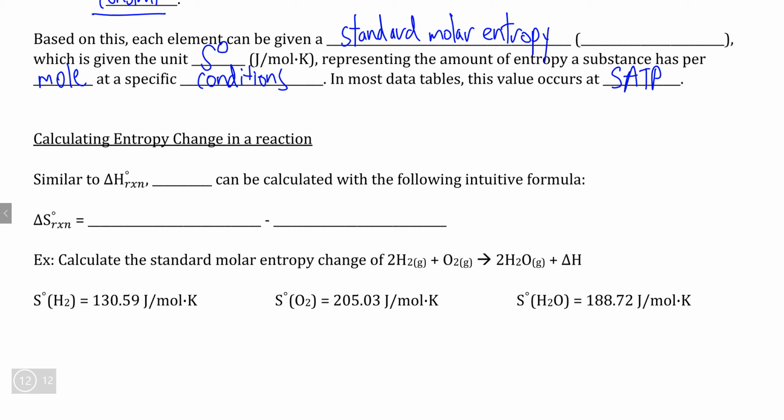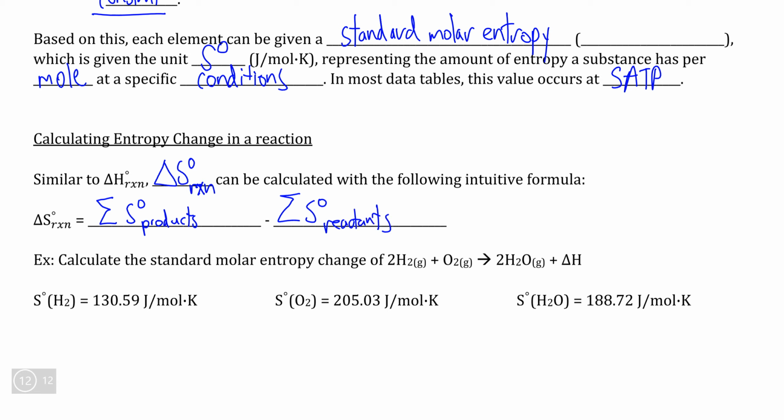So similar to delta H of reaction, we can calculate the standard molar entropy change of a chemical reaction by following a formula that looks very similar to the formula for delta H, where we take the sum of all of the standard molar entropy of our products and subtract from that the sum of the standard molar entropy of all of our reactants.